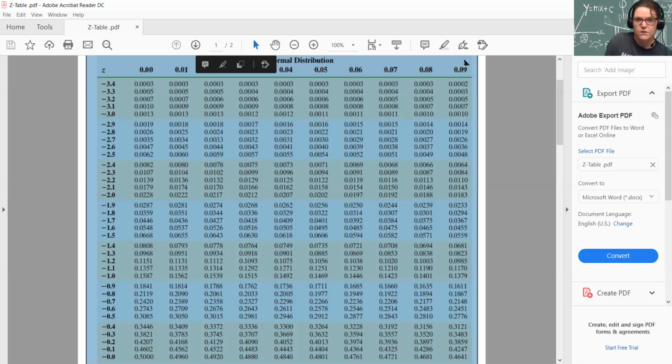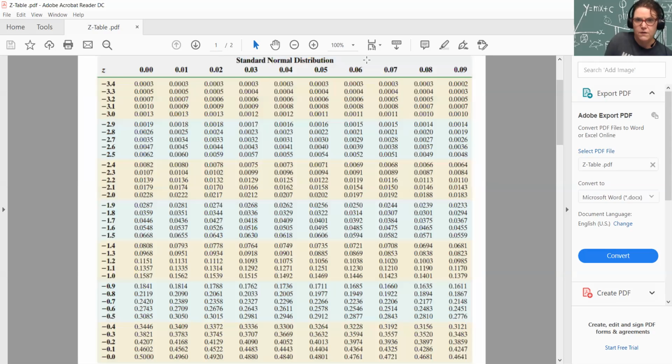Actually, I'm wrong. It's 0.025. This is frustrating, but for 0.025, the closest I can get is right here.